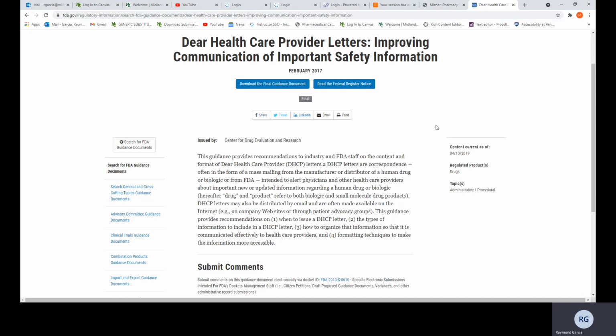Letters are correspondence often in the form of a mass mailing from the manufacturer or distributor of a human drug or biologic, or from FDA, intended to alert physicians and other healthcare providers about important new or updated information regarding a human drug or biologic. Okay. So either new drugs or new information on it.